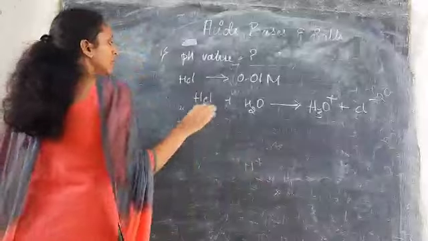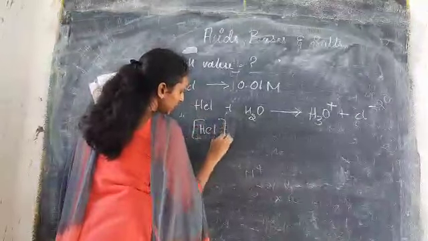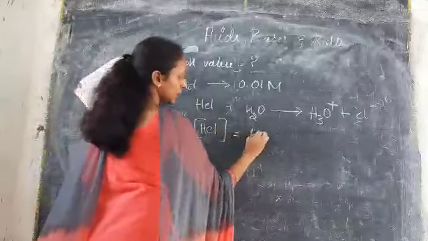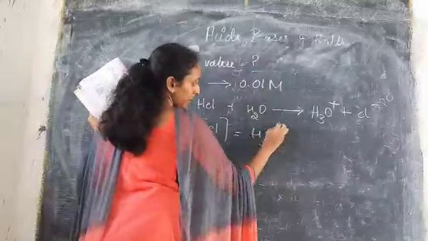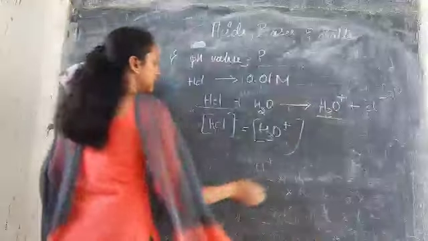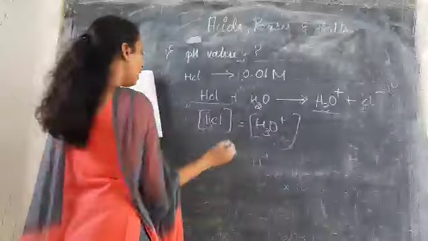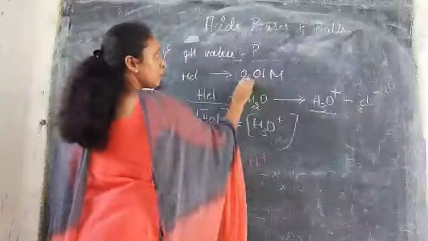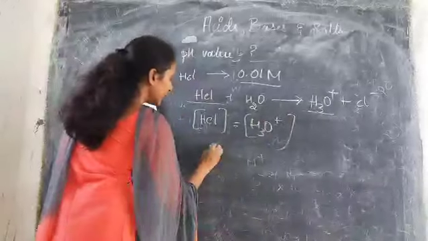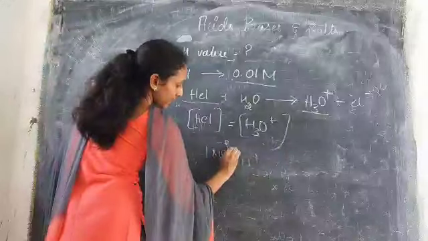Now the HCl concentration will be equal to H3O plus, because this is also acid, so the acidic solution will contain this. It is 0.01 molar, which is nothing but 10 to the power of minus 2 molar.